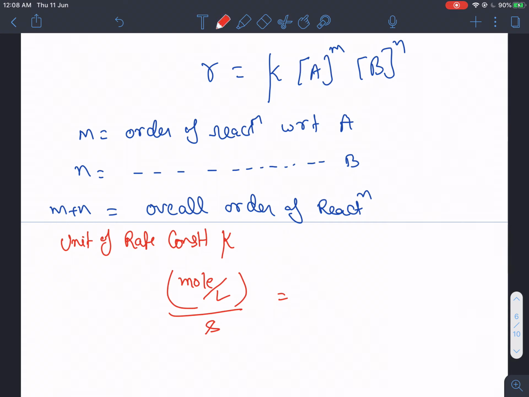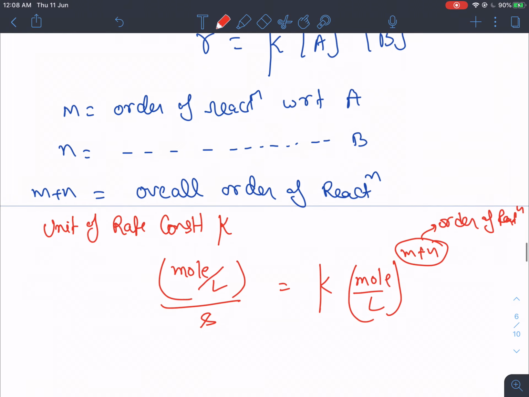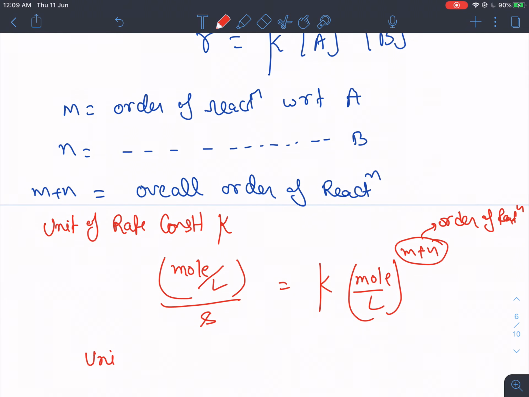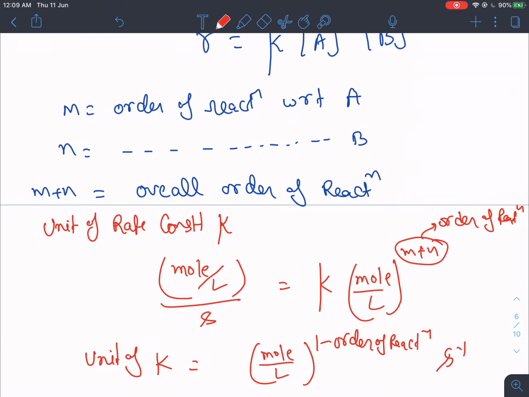So can I say that K into mole per liter to the power m plus n, and this m plus n is nothing but the order of reaction. So from here can I write the unit of K is equal to mole per liter whole to the power 1 minus order of reaction, per second?